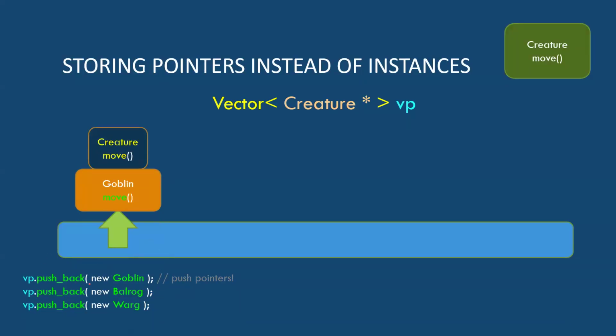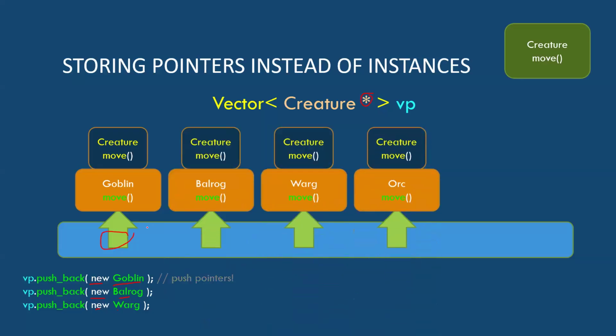Notice here we're saying new goblin, new balrog, new warg. New always gives us a pointer. So that means we are collecting pointers to derived classes inside of our vector. And this is a good thing, because now we should have the potential of engaging polymorphism.